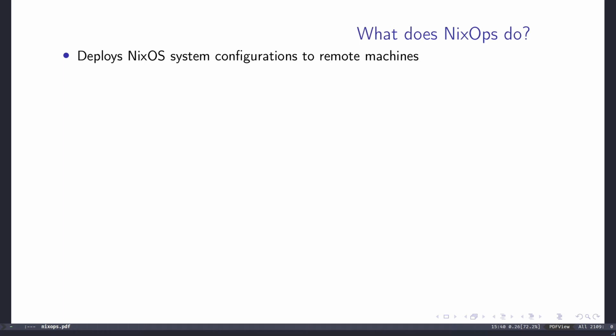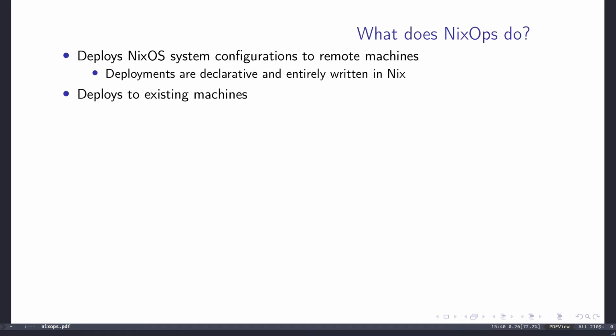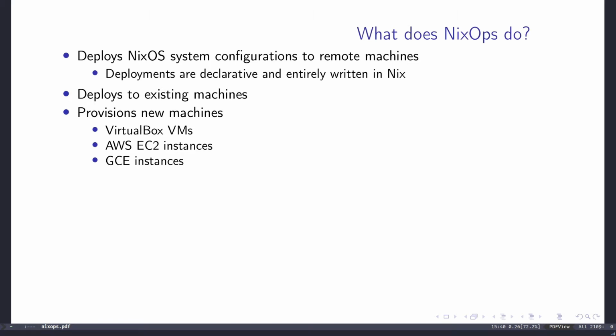NixOps deploys NixOS system configurations to remote machines. Deployments are declarative and entirely written in Nix. It can deploy configurations to existing machines that you've set up manually. It can also provision new machines, such as VirtualBox virtual machines and AWS EC2 instances and Google Cloud Engine instances and more.